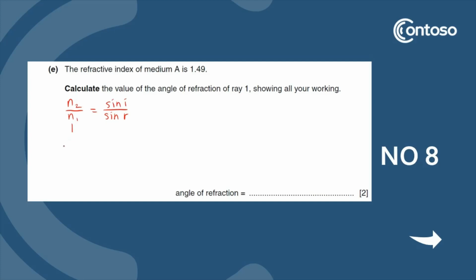Once again, you have to memorize that the refractive index of air equals 1. So, 1 over 1.49, the refractive index of medium A, equals sin 42 degrees, the angle of incidence, over sin r. Then we have sin r equals 1.49 times sin 42 degrees.